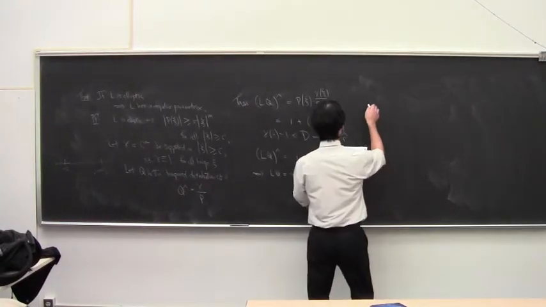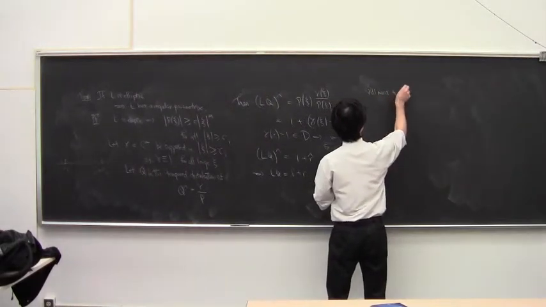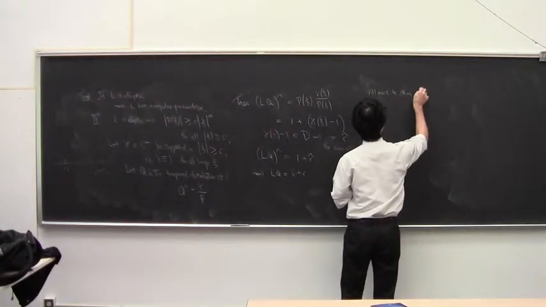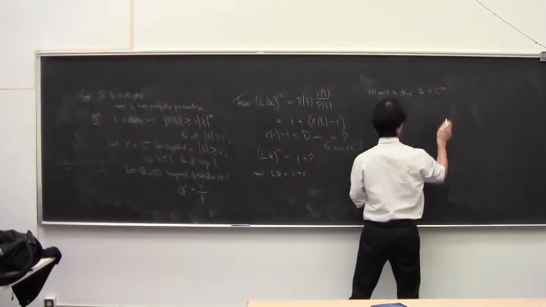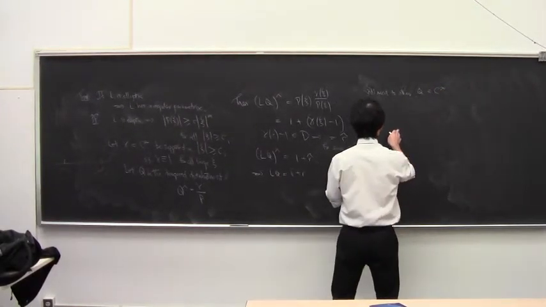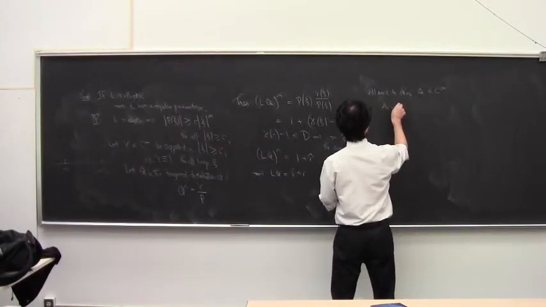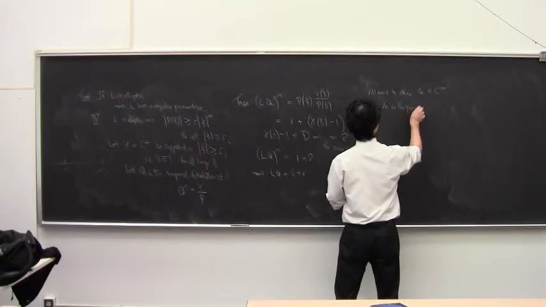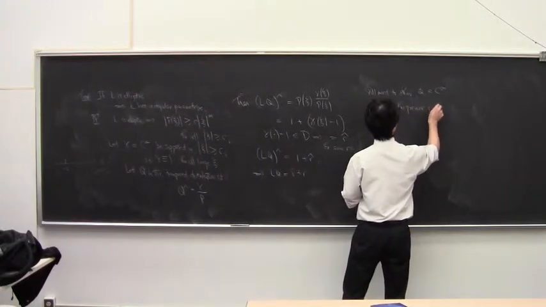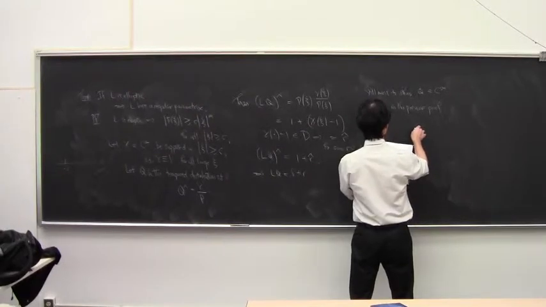So we still need to show that Q is in C infinity. So again, as in the previous proof, we make an observation using the Fourier transform.